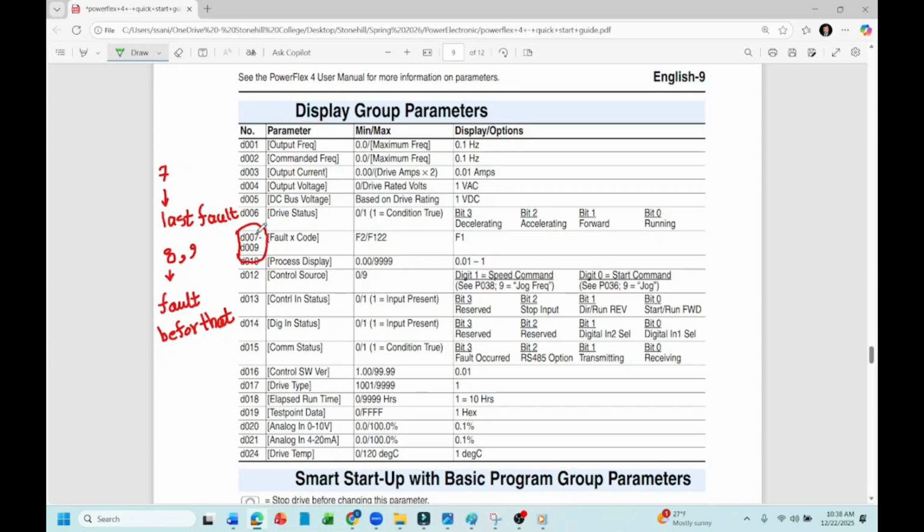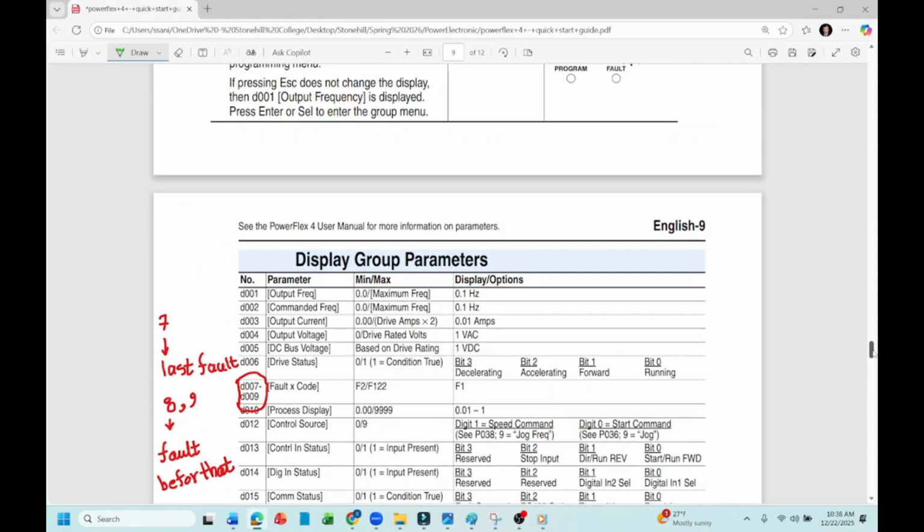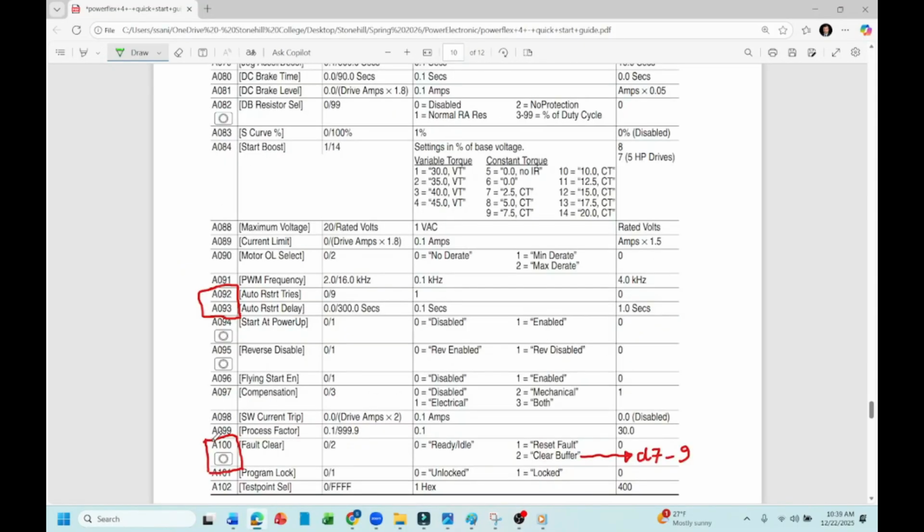So technically with D7 to 9, you could have access to the last three faults that you get on your VFD.